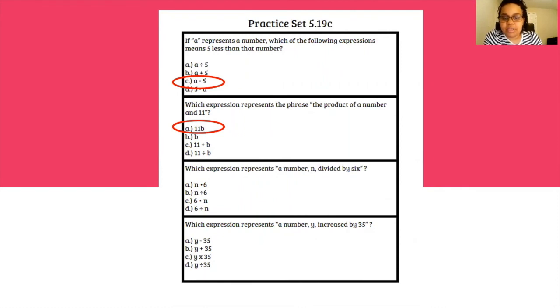For problem number 3, which expression represents a number n divided by 6? Your answer there was b, a number divided by 6. And finally, the last one, which expression represents a number y increased by 35? Your answer there was b.